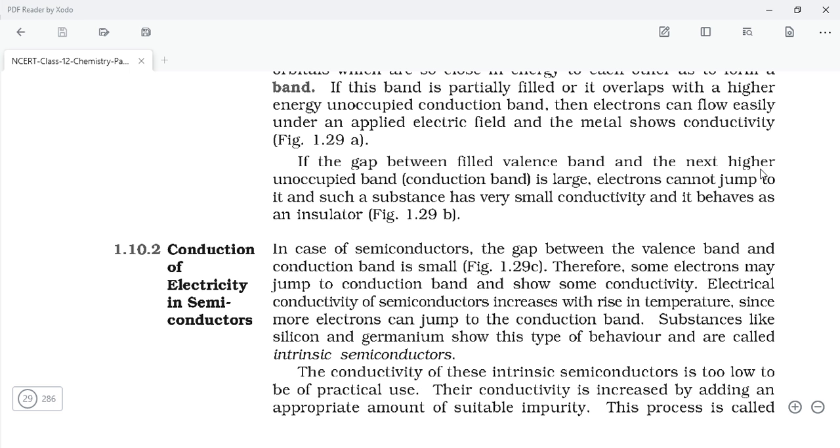If the gap between the filled valence band and the next higher unoccupied band, the conduction band, is large, electrons cannot jump to it, and such a substance has very small conductivity and behaves as an insulator.